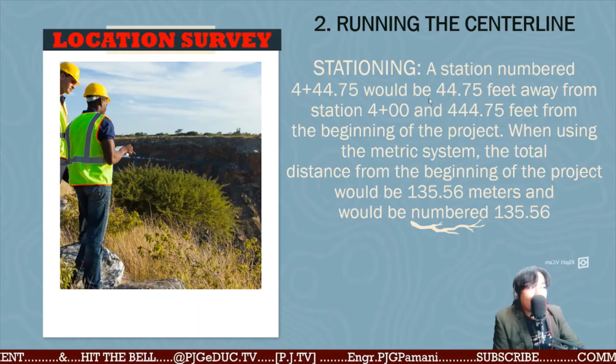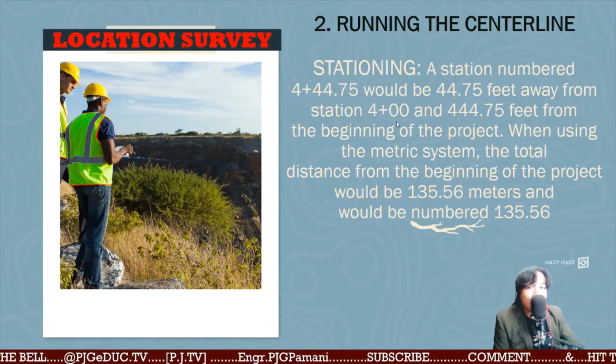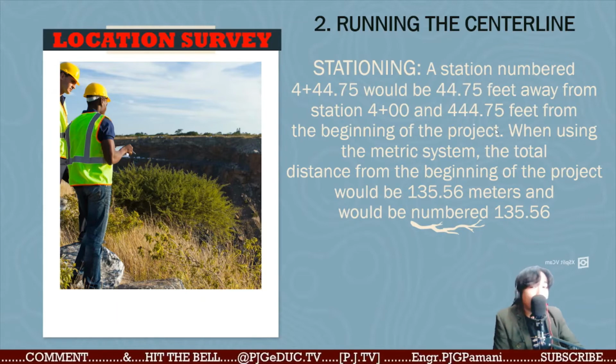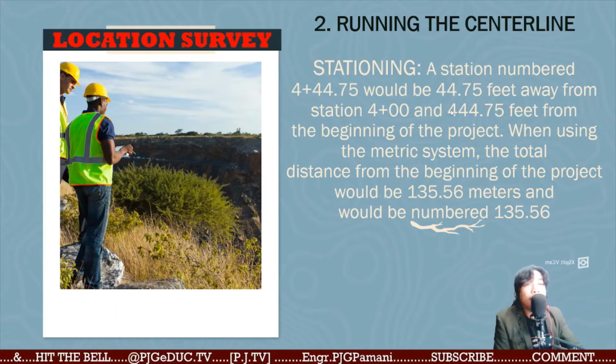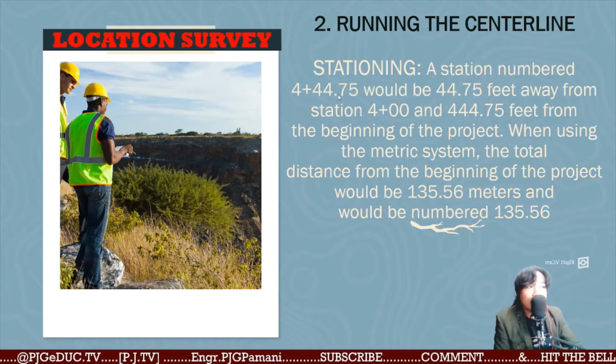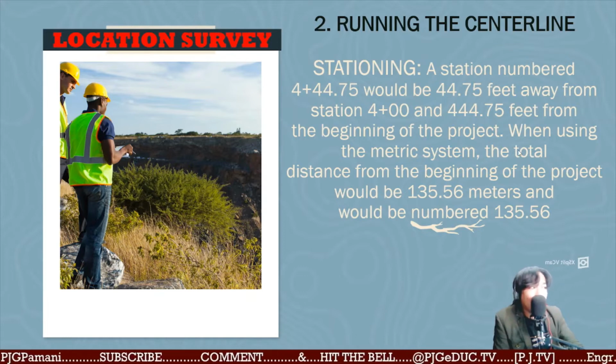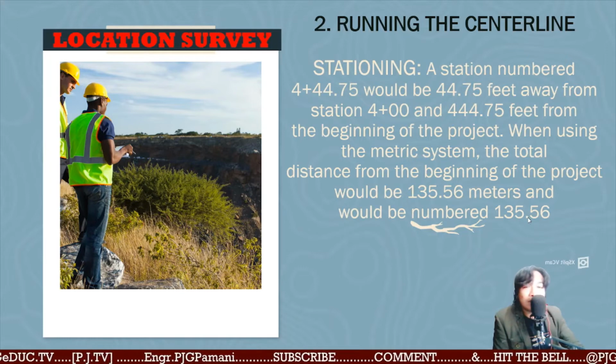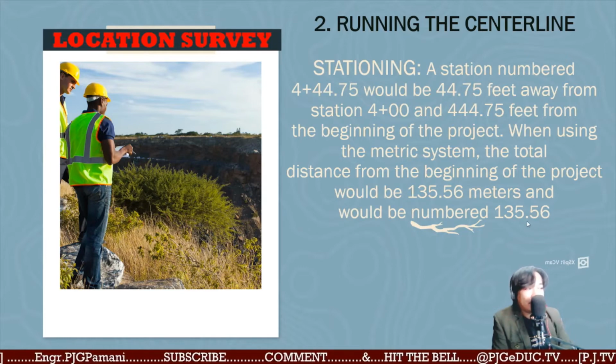So pag 400, 4 plus 00, fourth station, 44.75 feet away from the fourth station, or 444.75 feet away from the beginning or from the first station, or station 0 plus 00 from the beginning of the project. When using the metric system, the total distance from the beginning of the project would mean 135.56 meters, and it would be numbered as 135.56.